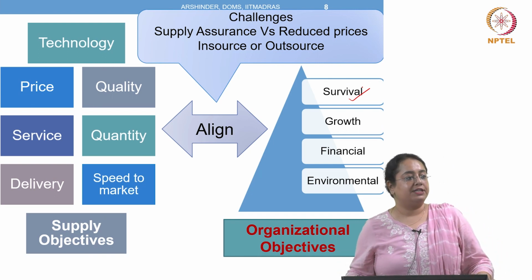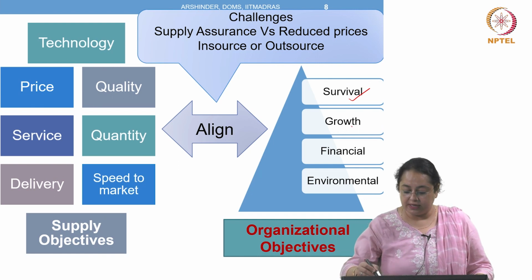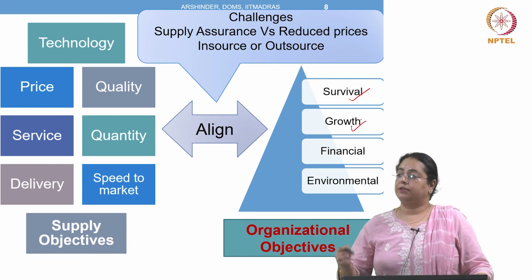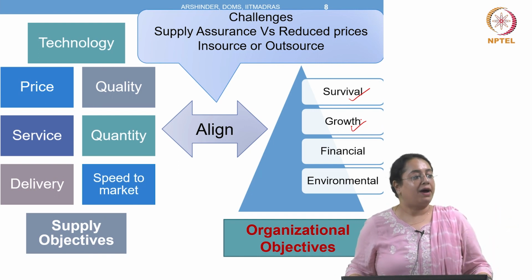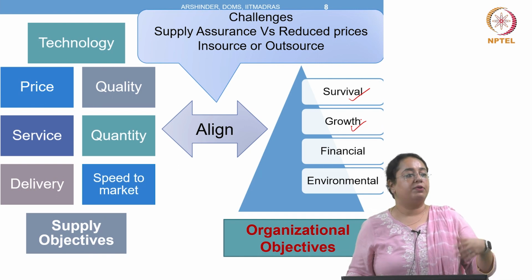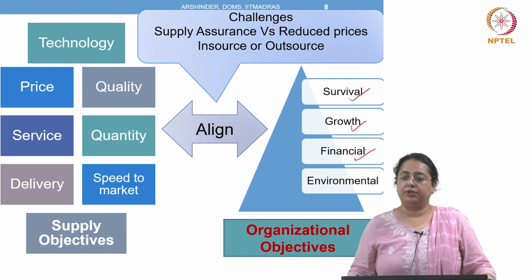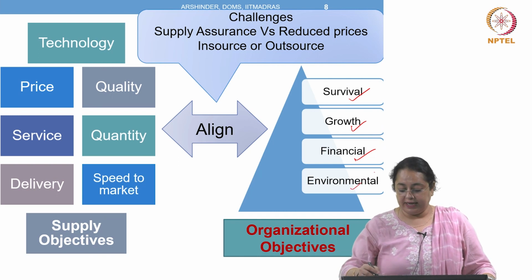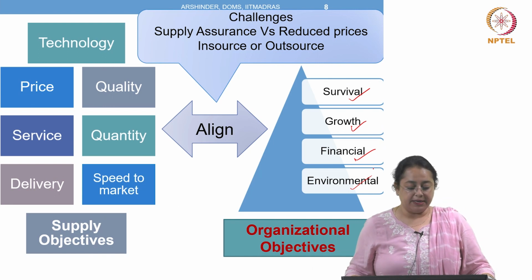Every organization has a strategy of survival, sustaining the business. They want to grow by number of customers, grow in new markets, right? Grow in number of employees, right? Grow in number of customer base, financial, you all know, right? And environmental. Companies want to be sustainable, correct?